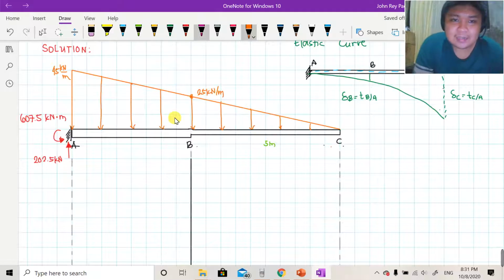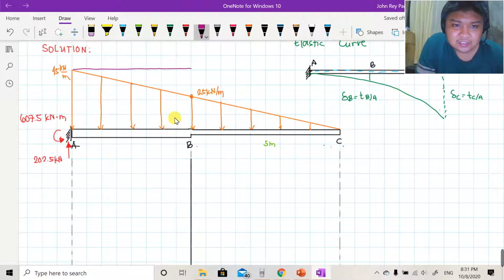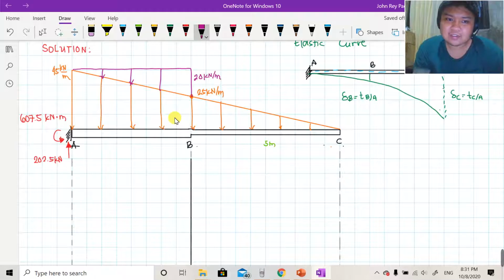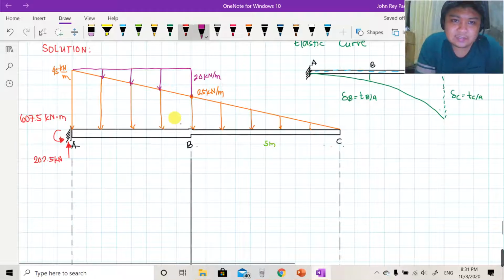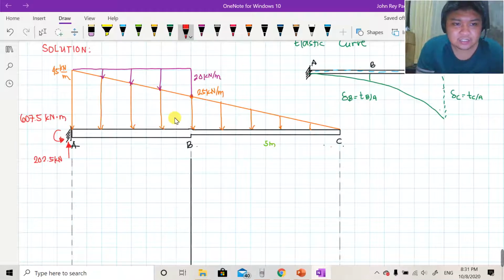Okay? Tapos, kailangan natin class umutang ng triangular load dito. So, automatic triangular load ito. And the height of this one is 20 kilonewton per meter para nga maging 45 siya. And since nangutang tayo class ng triangular dyan, of course, babayaran natin yan dito.